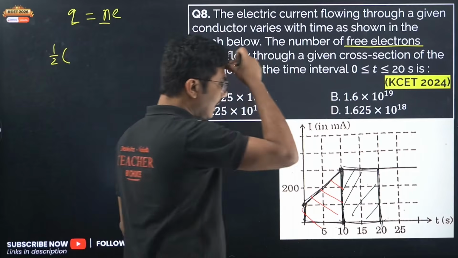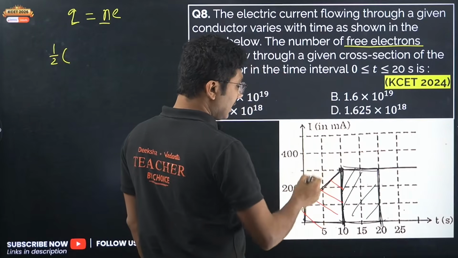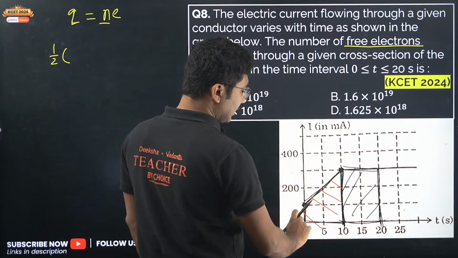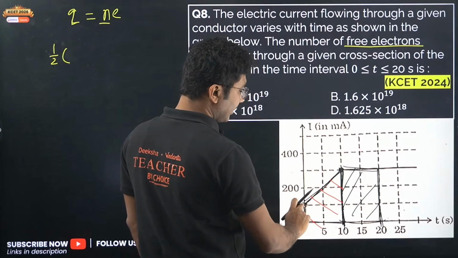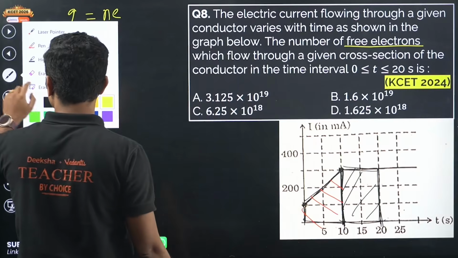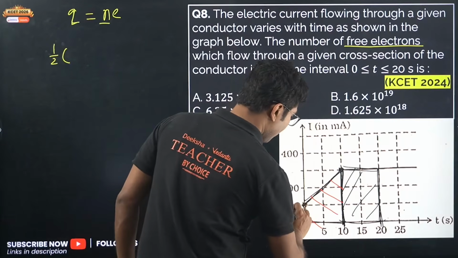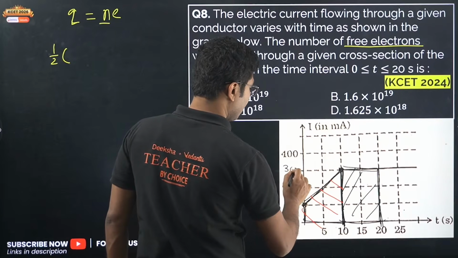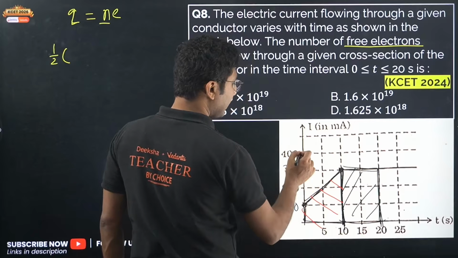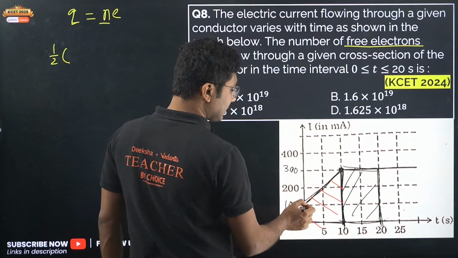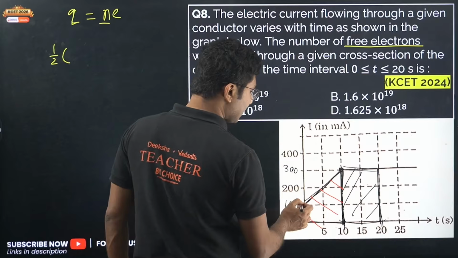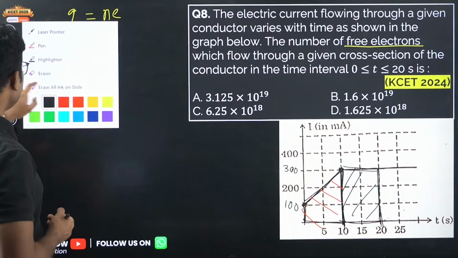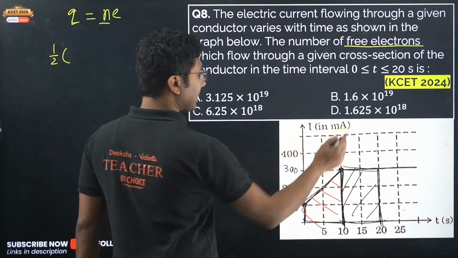So in that case you can calculate the area by the sum of the parallel sides. In this case, this is 200, this is 0, so this must be 100. This point must be 100 and this point must be 300. The point between 200 and 400 must be 300. This is the midpoint of 0 to 200, that must be 100. And it is given in milliampere.